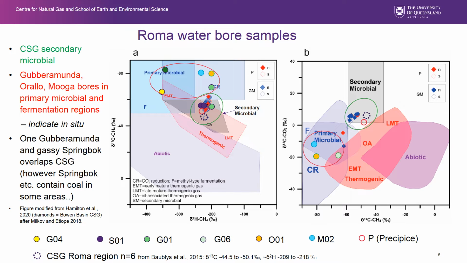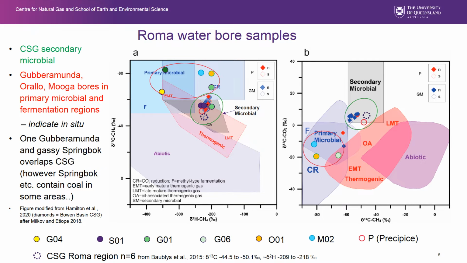Compared to this, the samples from the Gubberamunda, Orallo and Mooga bores plot in the primary microbial and fermentation regions, so we can see a good separation of the signatures, and they indicate that it looks like we're getting in situ formation of methane.